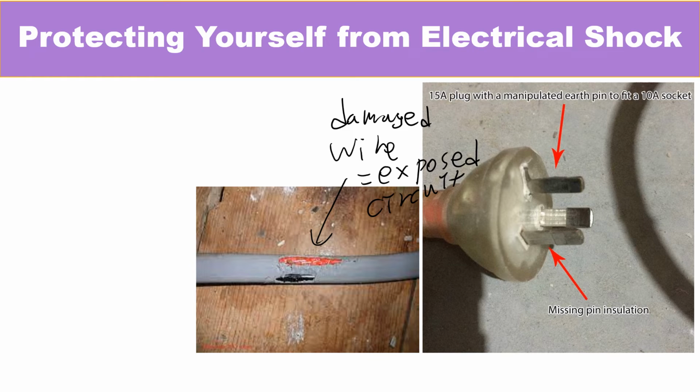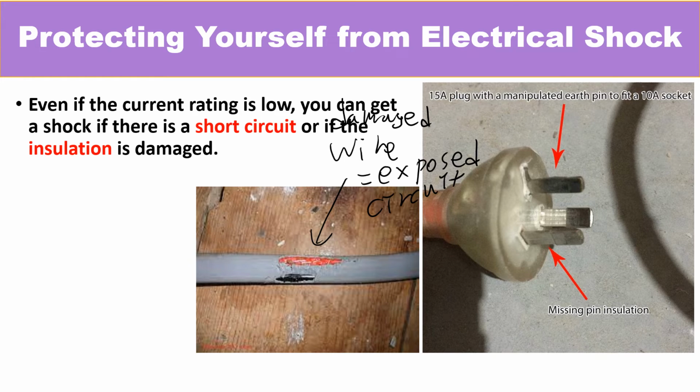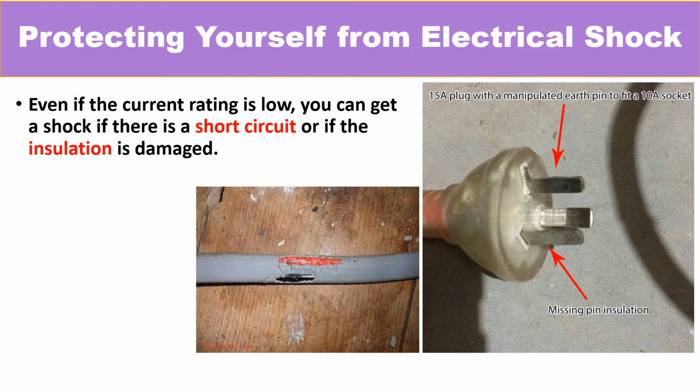Sometimes rats and other rodents actually try to eat those cords, and they zap and die because of that short circuiting. Even if the current rating is low, you can get a shock if there's a short circuit or if the insulation is damaged.